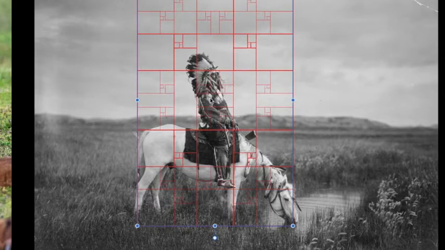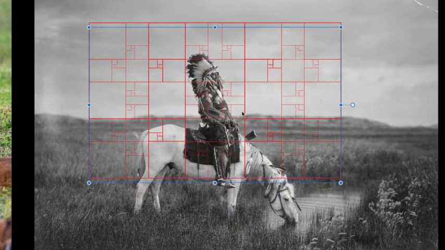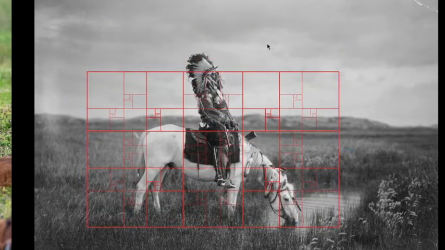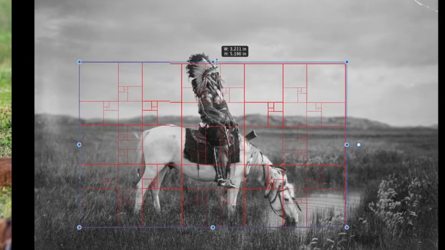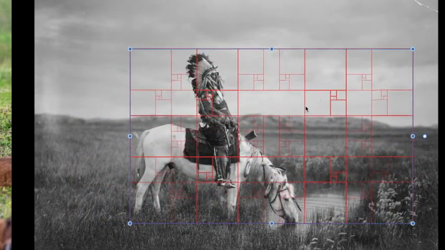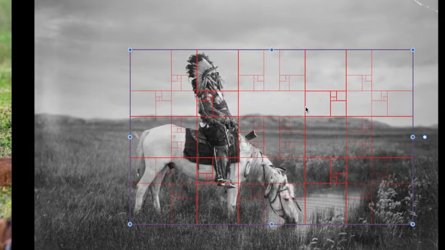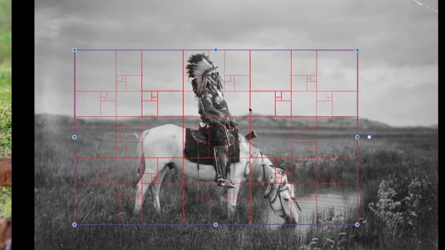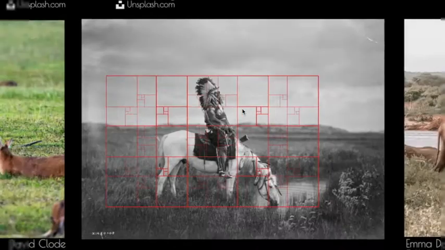So vertically the person fills it, and horizontally the horse fills it, right in the same spot there. Cool.